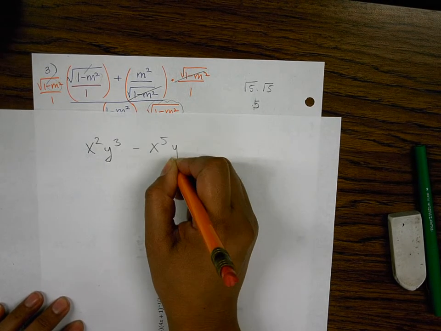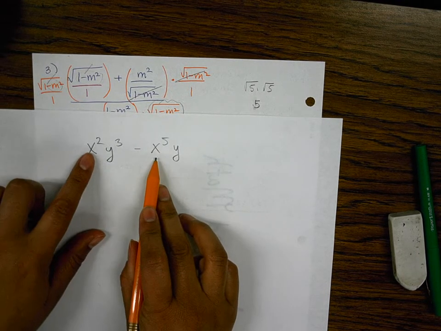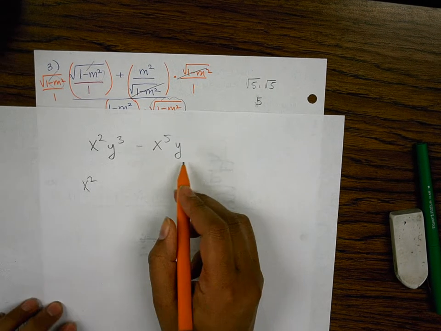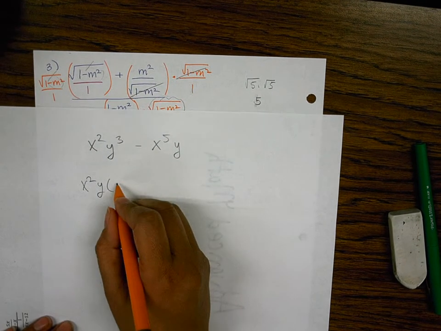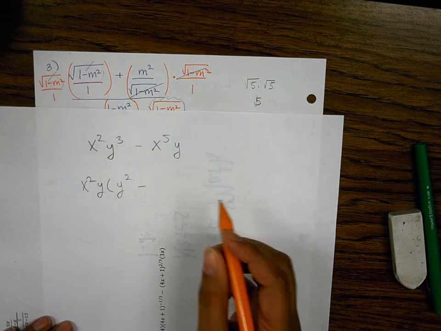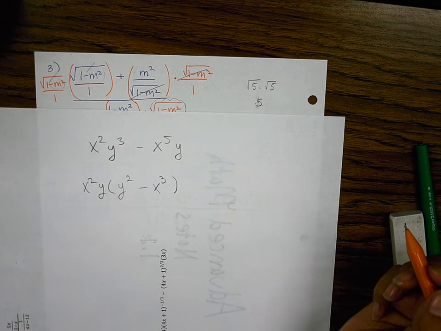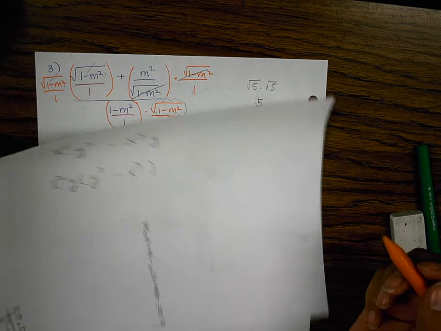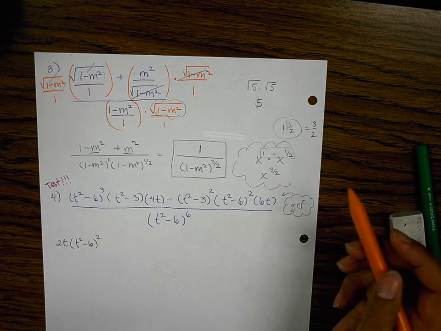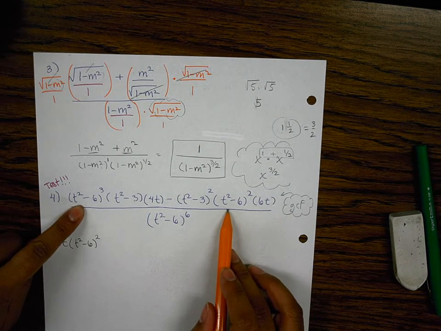If it was like this, x squared y to the third minus x to the fifth y, and you were looking at your GCF, you would take out an x squared because that's the smaller one, and then the y because that's the smaller one. And you'd be left with y squared minus x to the third. Make sense? So that's what we're going to be doing here, taking the smaller exponents for the GCF.